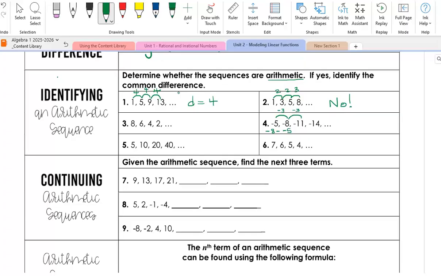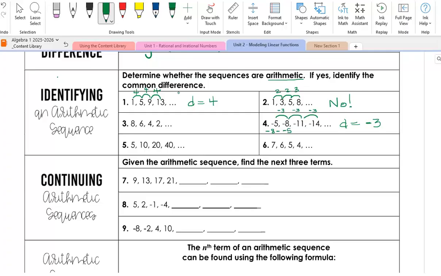This is not -11 minus 8. This little loopy thing means minus. Please do not forget it. -14 minus -11 is -3. So it is arithmetic. It does have a common difference, which is -3. Okay, so please make sure.